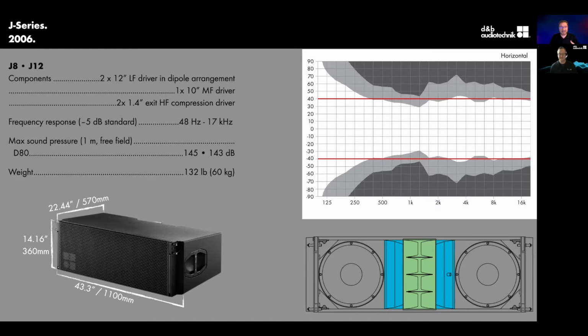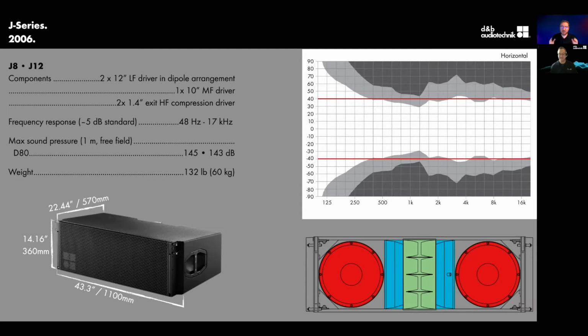And then once the wavelengths get large enough, and frequencies go low enough, you have to pass off that signal to the low frequency drivers, which then maintain that pattern down to a very low frequency. In the case of the J, down to 250 hertz, where we get to about 100 degrees off axis, where it starts becoming a little bit too wide.